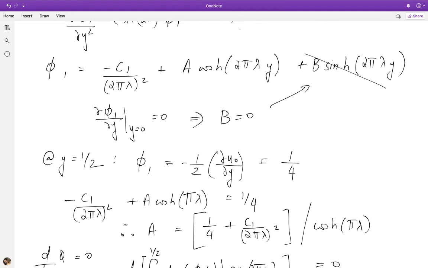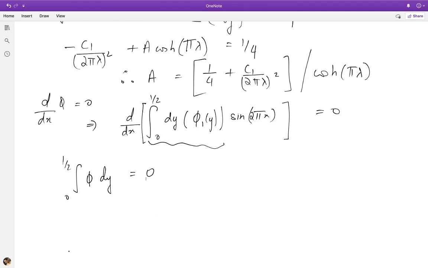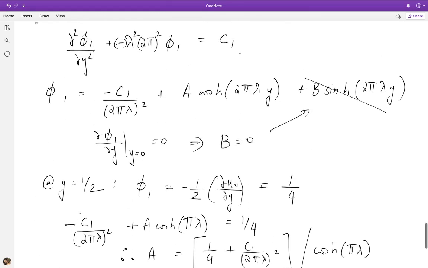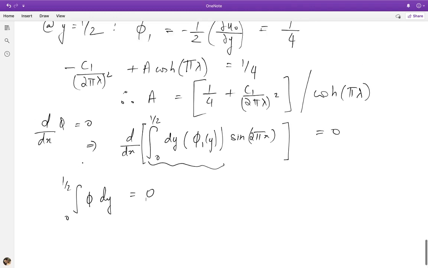So I come back to my solution here for phi1, substitute it in, take the integral with respect to y, and see what the equation gives me. The first term of phi is just this constant. Integrating with respect to y gives this constant times y. Evaluating the limits, at 0 gives me 0, and at half just gives me half.